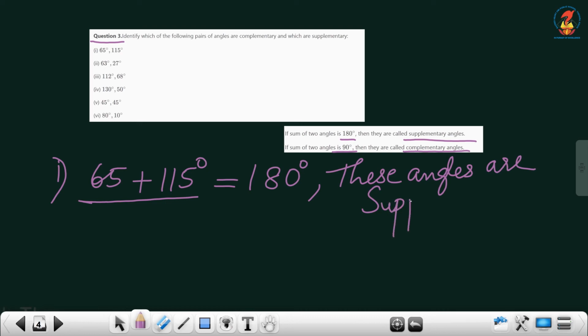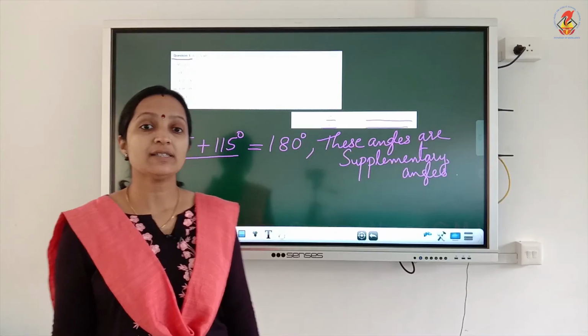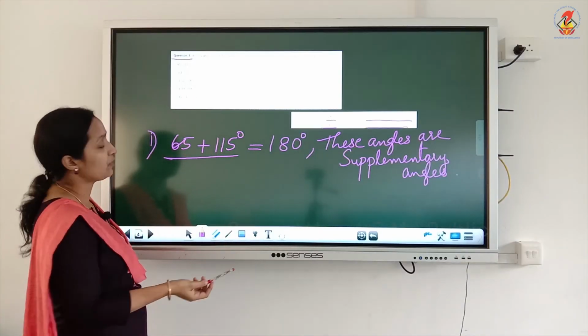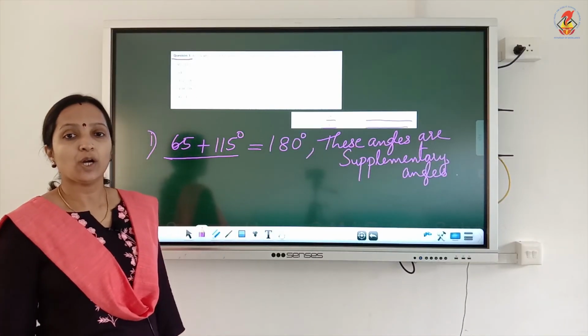If the sum is 180 degrees, you have to write they are supplementary angles. If the sum is 90 degrees, you have to write they are complementary angles.